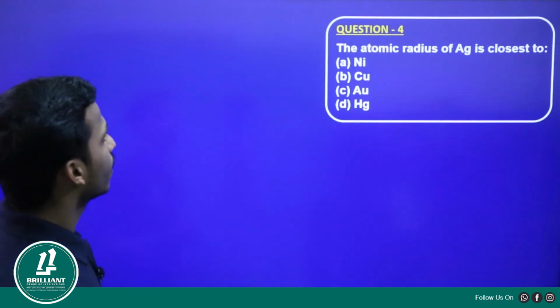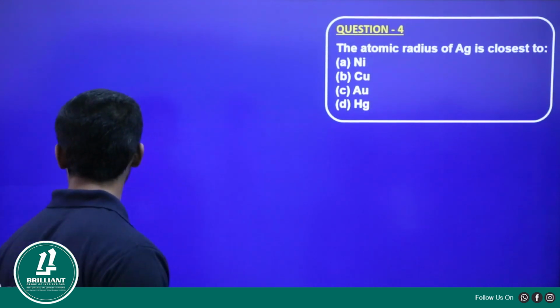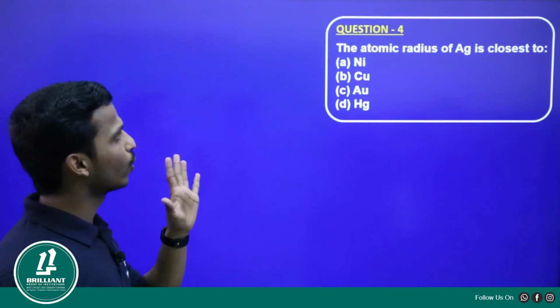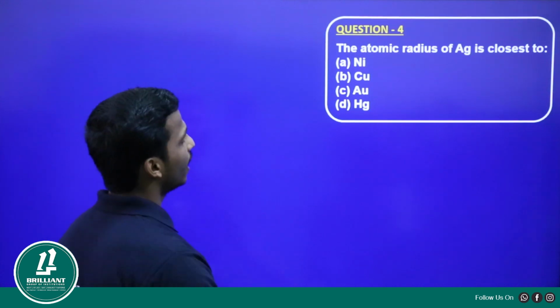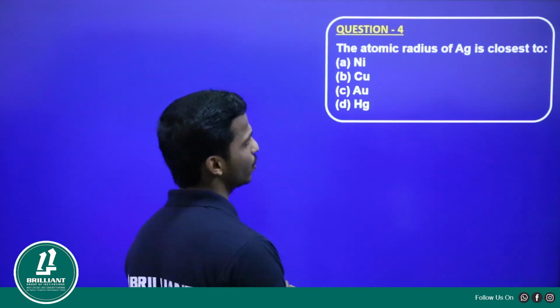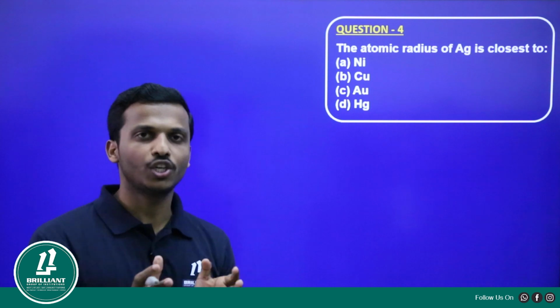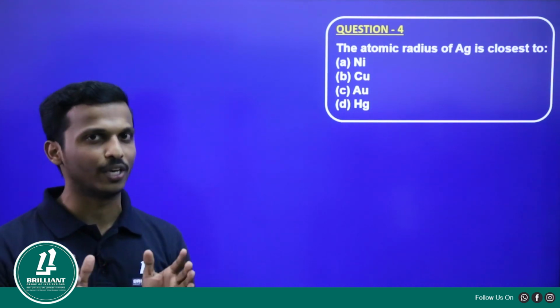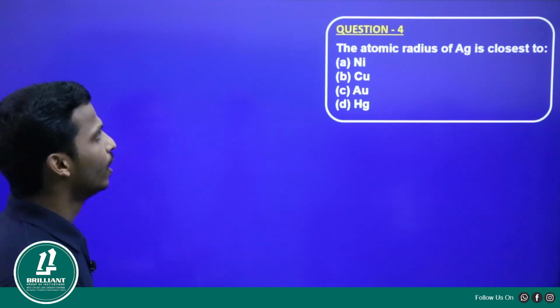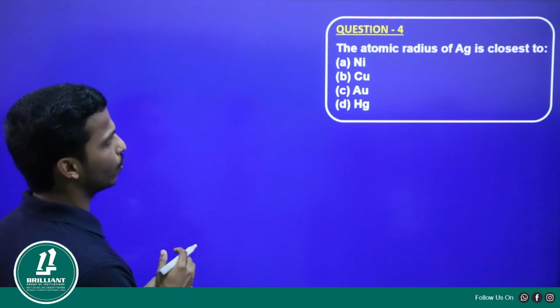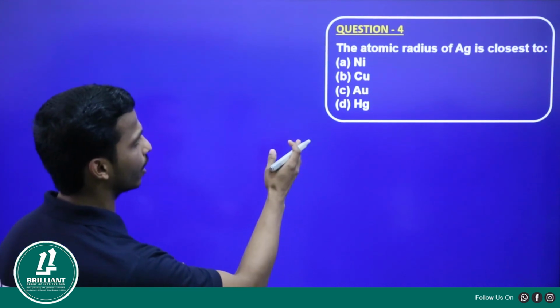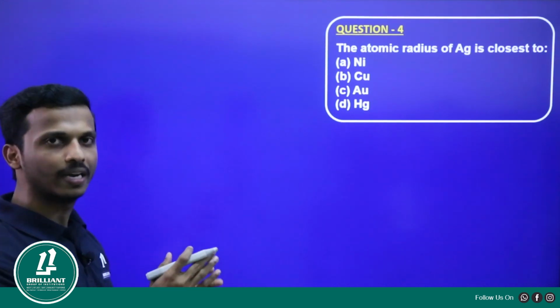Here we have: the atomic radius of silver is closest to. Simple one. Atomic radius of silver. Student, you should know the position of each and every element in the periodic table. It's compulsory, okay? So let's discuss: nickel, copper, silver, mercury, all belong to which block? D block, right?